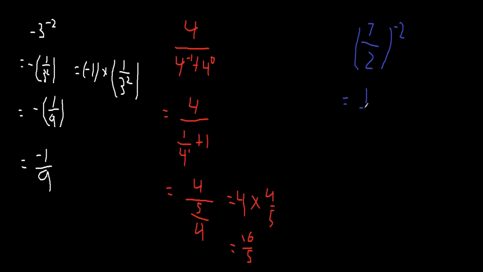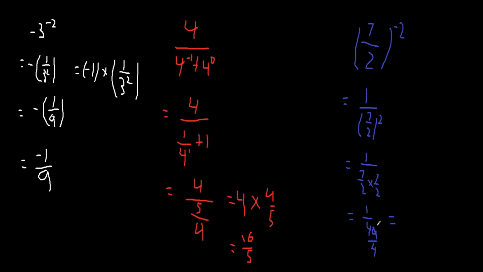So that gives us 1 over 7 over 2 squared, which equals 1 over, so it's 7 over 2 times 7 over 2, which is 1 over 49 over 4.